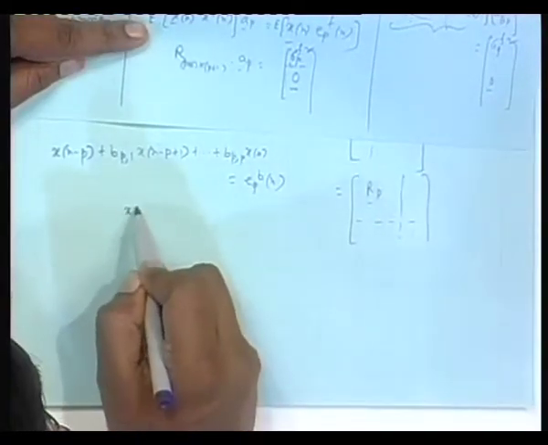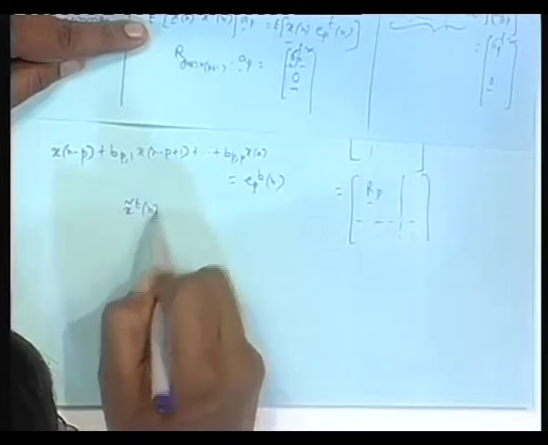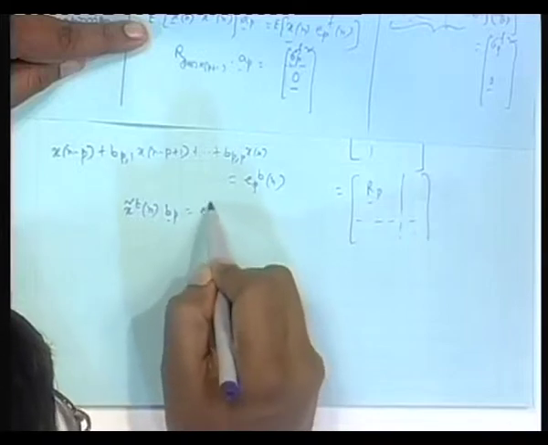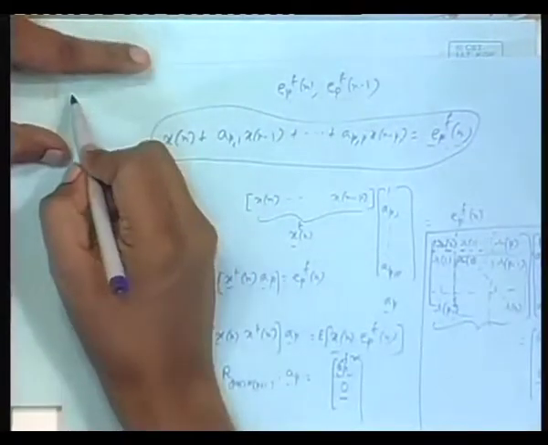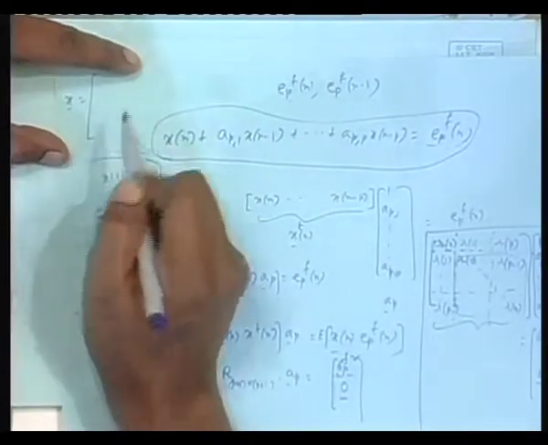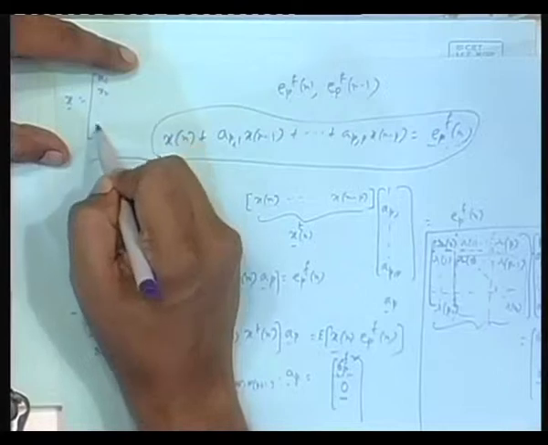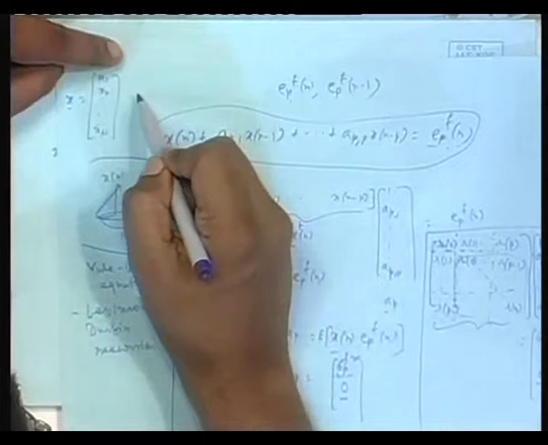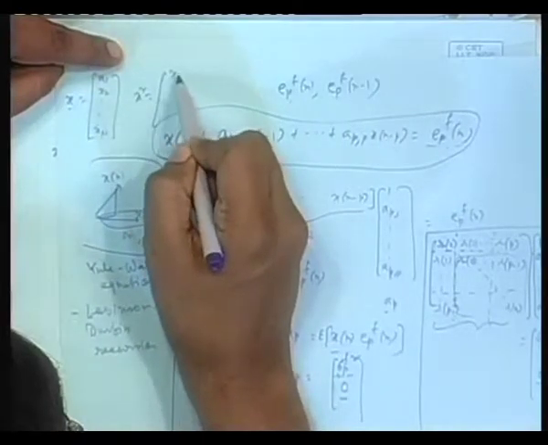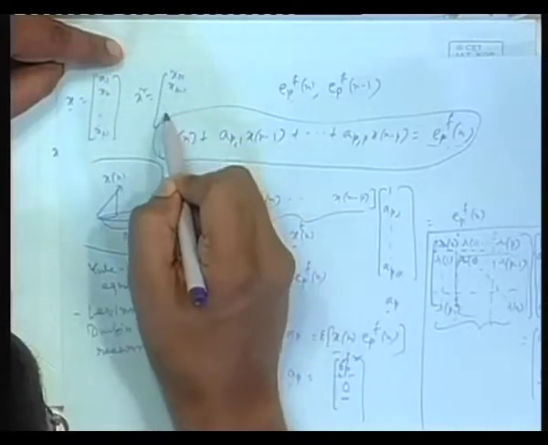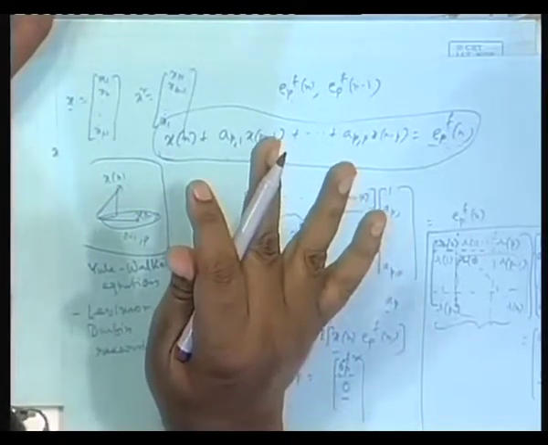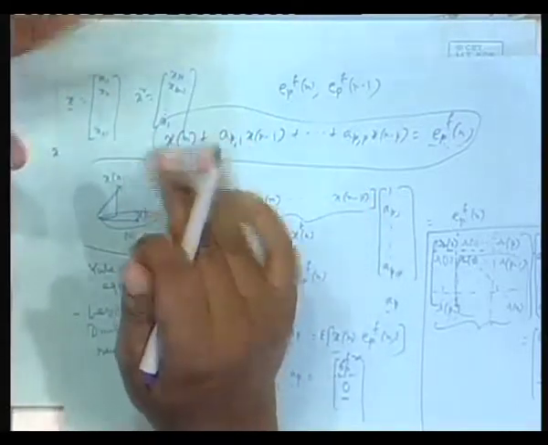This I can write as x tilde n transpose, I will tell you what is tilde n, times the BP vector as EPBN. My definition is, given any vector x as say x1, x2 up to xn, x tilde means you just reverse the order: xn, xn minus 1 up to x1. First element becomes last, last becomes first, that way.